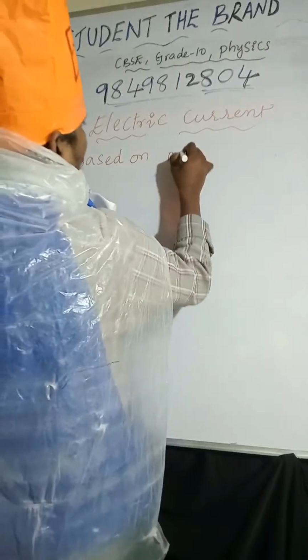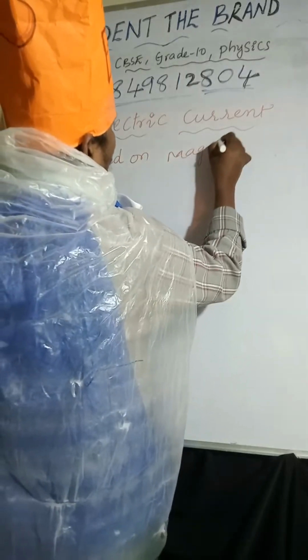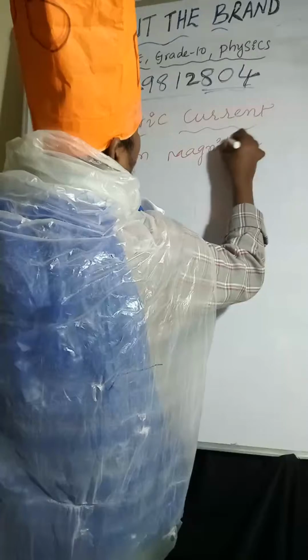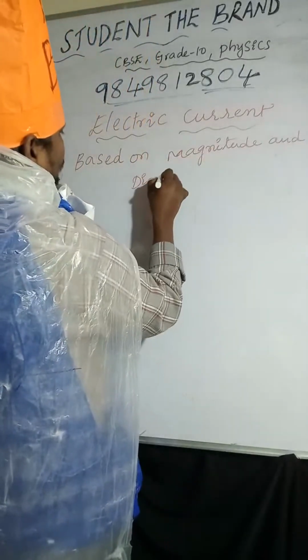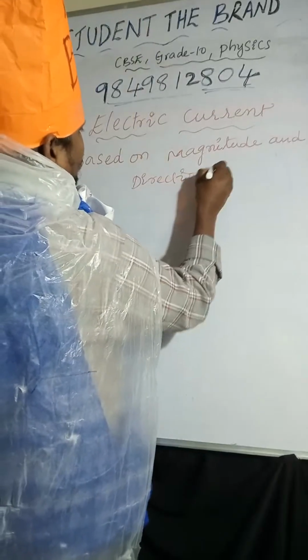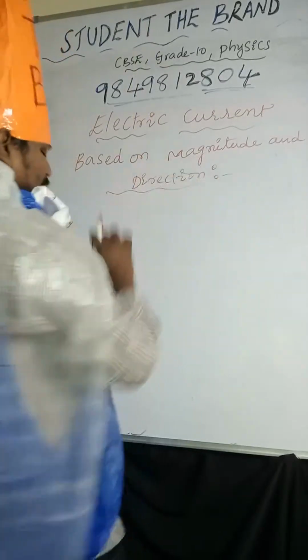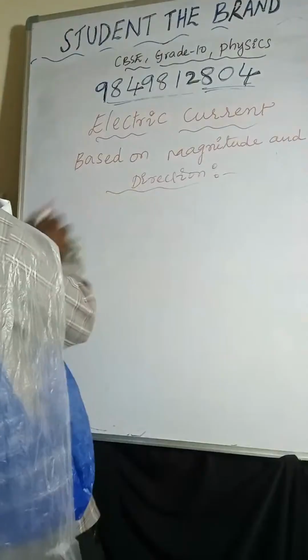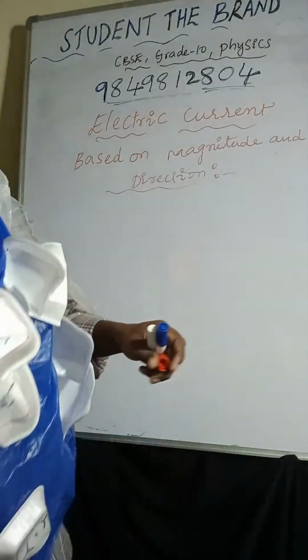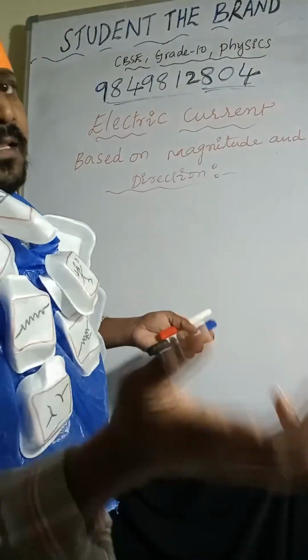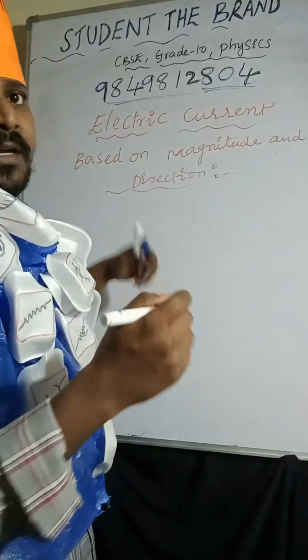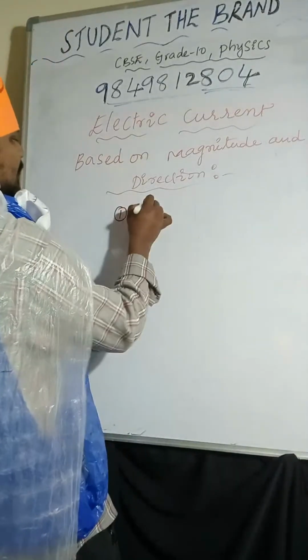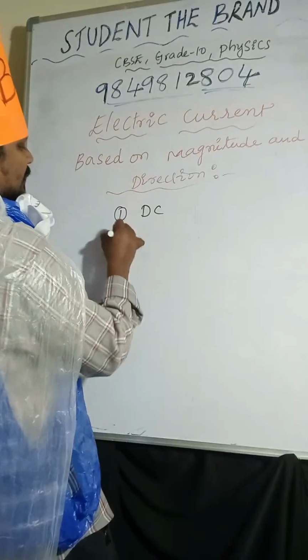One is direct current, another one is alternate current.